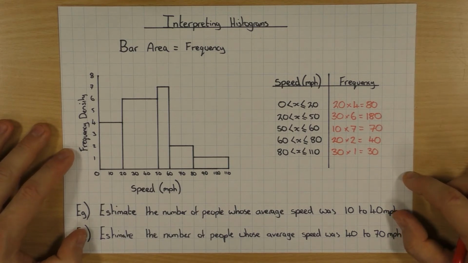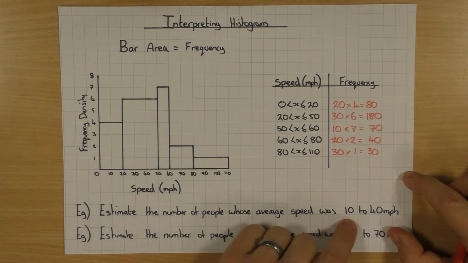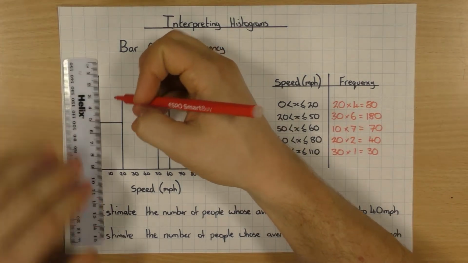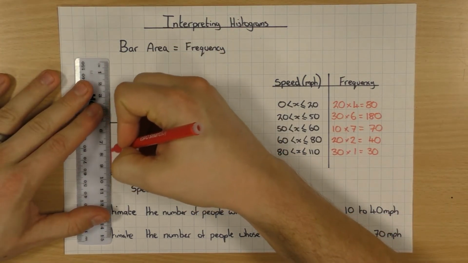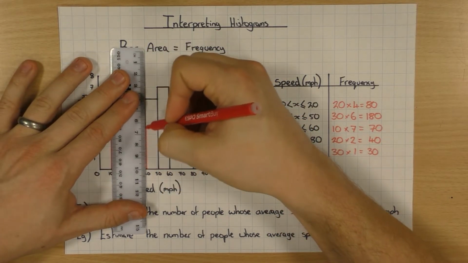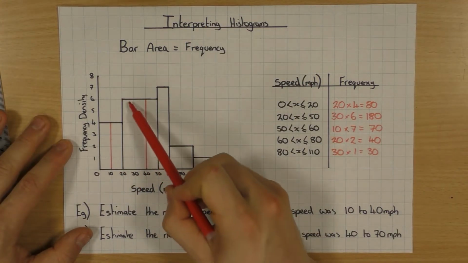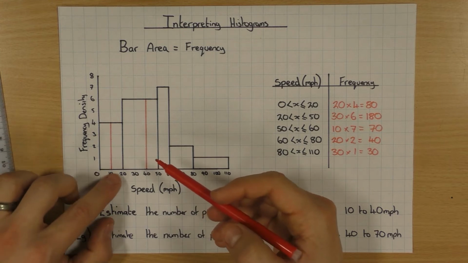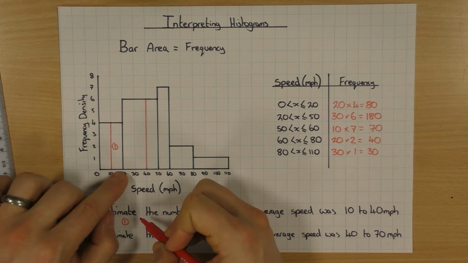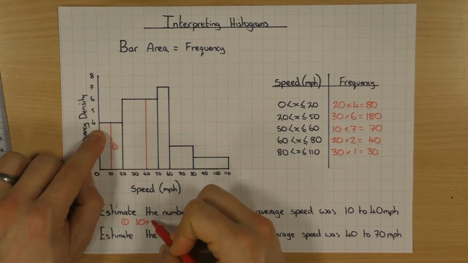As a little bit of an extension to that, they could ask you to estimate the number of people whose average speed was between 10 and 40 miles per hour. So to do that, go up from 10 and from 40. And then you just work out the area of this bit here and the area of this bit here. So let's do the first bit there. The area would be class width 10, times by the height, which is 4.